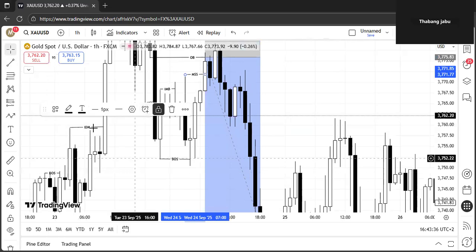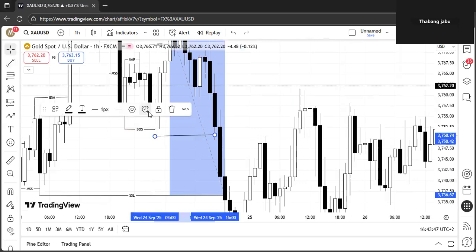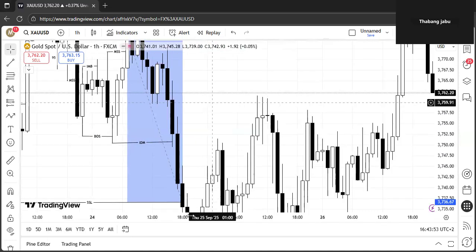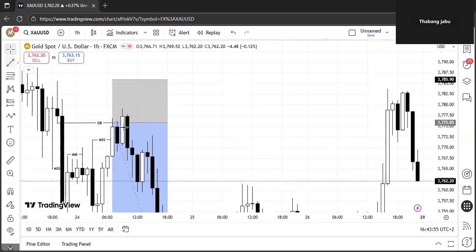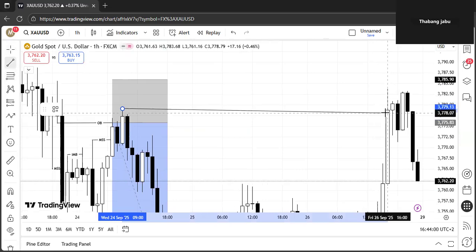And then here we have an inducement, therefore making this one the buy side liquidity. So now we have our liquidity.